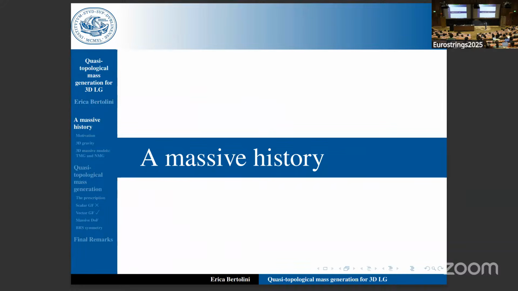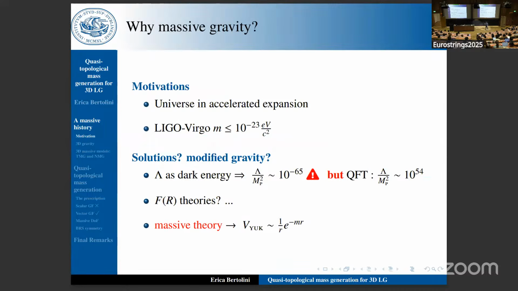So why are people interested in massive gravity? It is known from observation that the universe is in an accelerated expansion, and this was first explained in terms of the cosmological constant giving some kind of negative pressure and interpreted therefore as a dark energy.